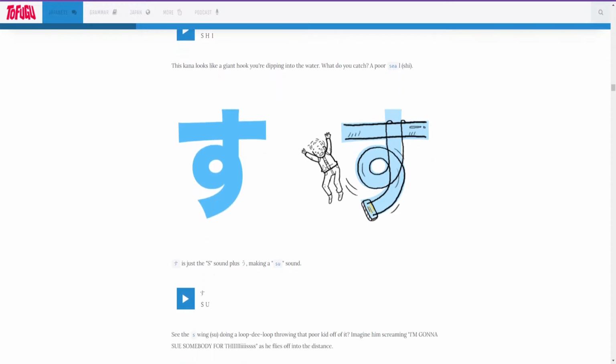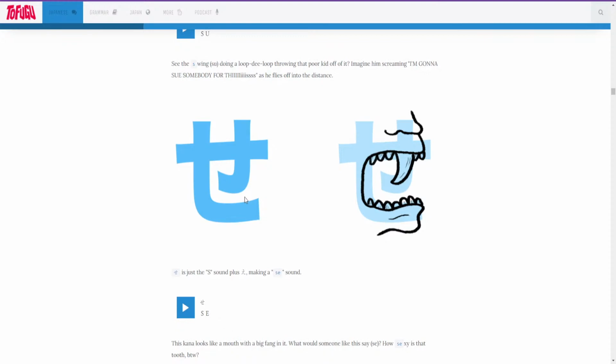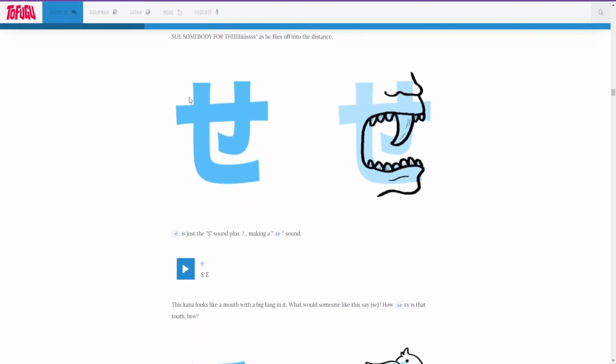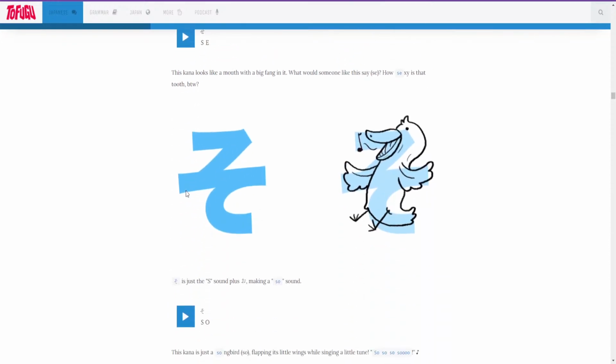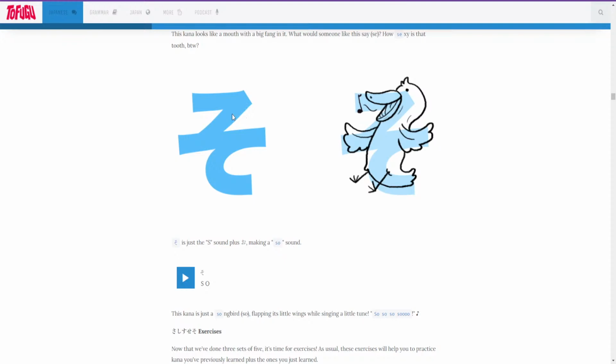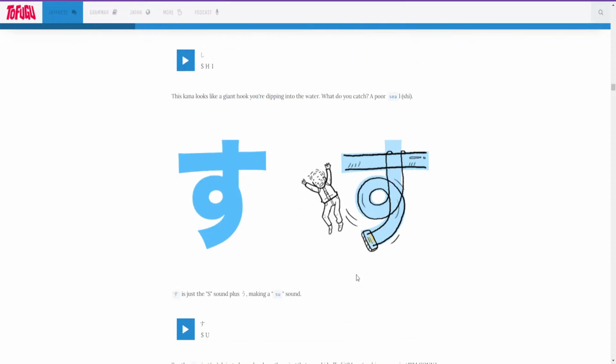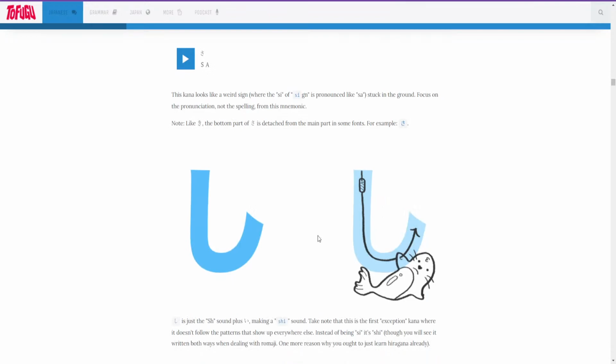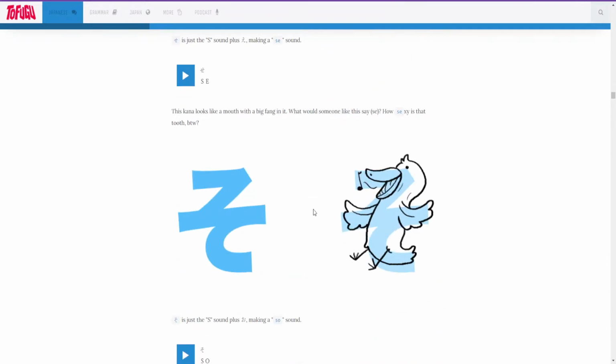And it looks like a kid who flew off a swing. Su. Swing. Next is se. This looks like a weird face with a snaggle tooth here in the middle. Se. And then finally we have so, which looks like the fancy exotic bird. He's back again, but this time he's singing us a song. So we have sa, shi, su, se, so.